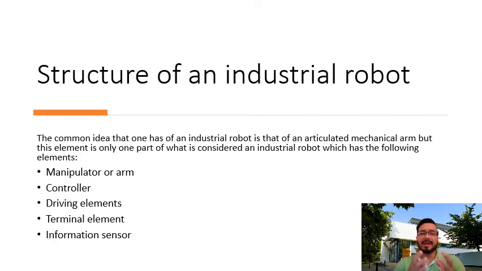The common idea of an industrial robot is that it is only an articulated mechanical arm, but this element is only one part of what is considered an industrial robot. So, the industrial robot has the following elements: the manipulator or arm, the controller, the driving elements, terminal elements, and sensors.